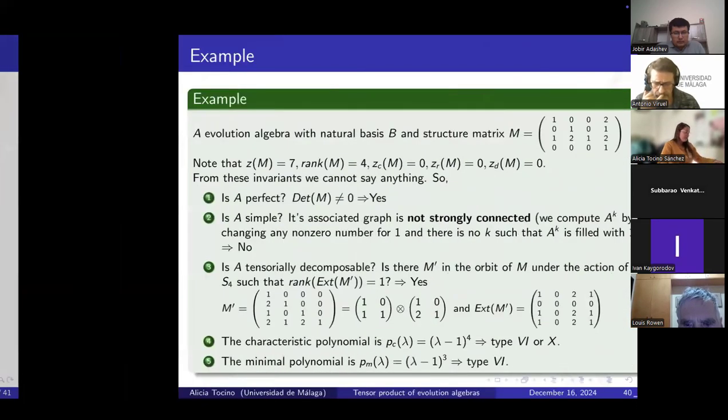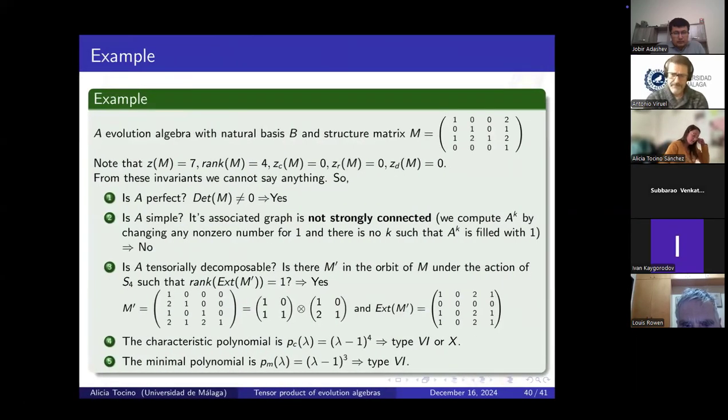Finally, I want to show an example. We have that A is an evolution algebra with a natural basis B and with this structure matrix. And we want to know if I can write A as A1 tensor product A2.